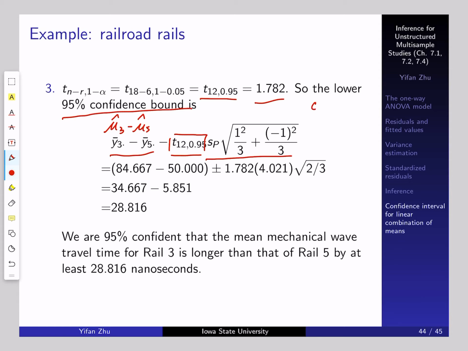This is because you have C3 equals 1, C5 is equal to negative 1, and 0 for the others. And N3 is equal to N5 is equal to 3.